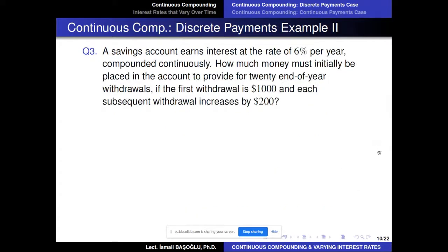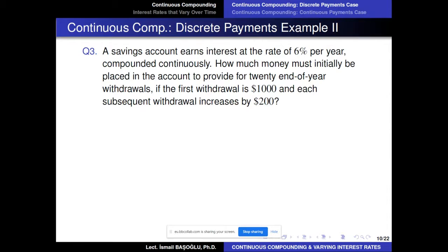Now let's solve another question to understand this practice better. It says a savings account earns interest at a rate of 6% per year compounded continuously. So in this question, the continuous compounding is not emphasized in bold, but you need to read between the lines, and you see we are in the continuous compounding domain right now.